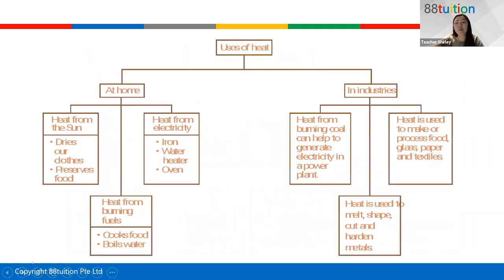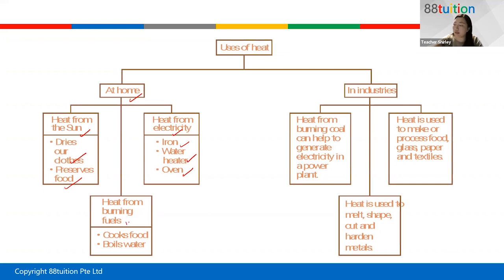Next, we will look at some useful uses, but this one we will not cover that much today. We're going to cover it in more detail in the upcoming lessons. So this is just extra information for now. At home, you use heat from the sun to dry your clothes. You use it to preserve food. Then, of course, you also use heat from electricity, like your iron, your water heater, your oven.